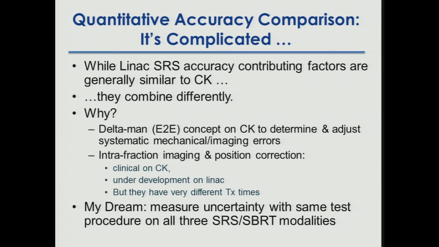So my dream here is, and we're not there yet, but I think we as a community need to go there, that we need to measure these uncertainties, mechanical, dosimetric, overall uncertainties, with the same or as similar as possible test procedures on all 3 modalities. And with that I mean CyberKnife, Gamma Knife, Steve Gertsch is here, our Linacs, tomotherapy.